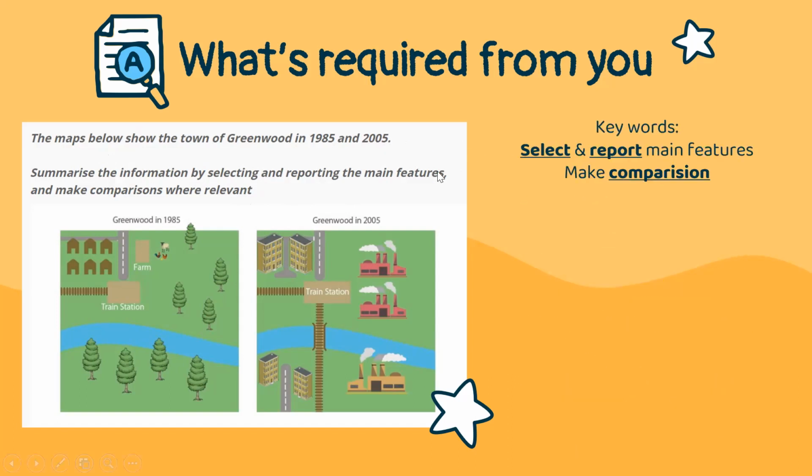To get a comprehensive understanding, first we must understand what is really required from you. The keywords in the question are select and report, which means that you will select the main features, the primary features, and report them. You also have to make comparisons where relevant, which means, for example, what has changed from the past to the present, or what has changed after 20 years, like in this example.